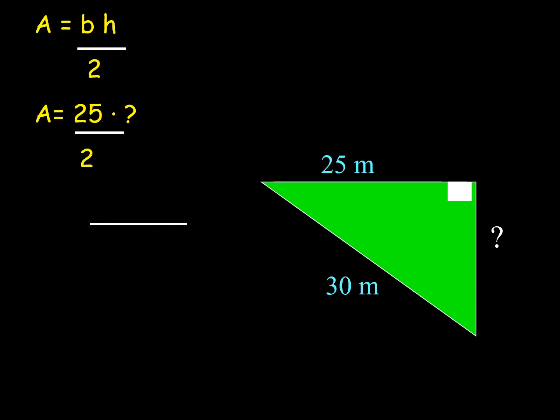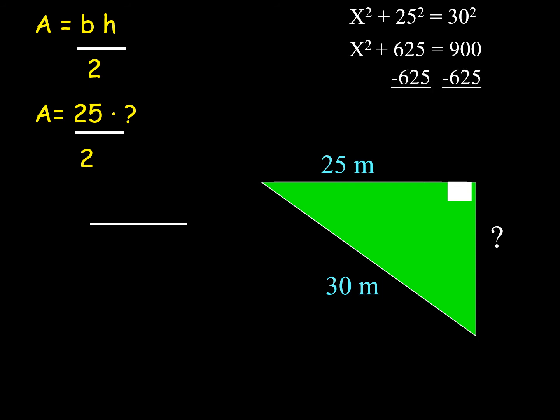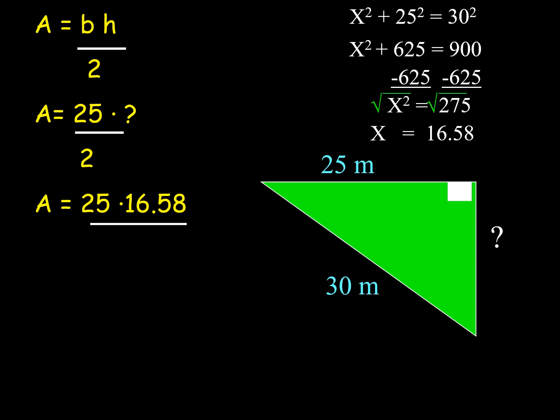One more time, Pythagorean theorem. Filling it in, working it out, getting your answer to be 16.58. So you plug that in for your height. Divide it all by 2. Calculators are wonderful. 25 times 16.58 divided by 2.